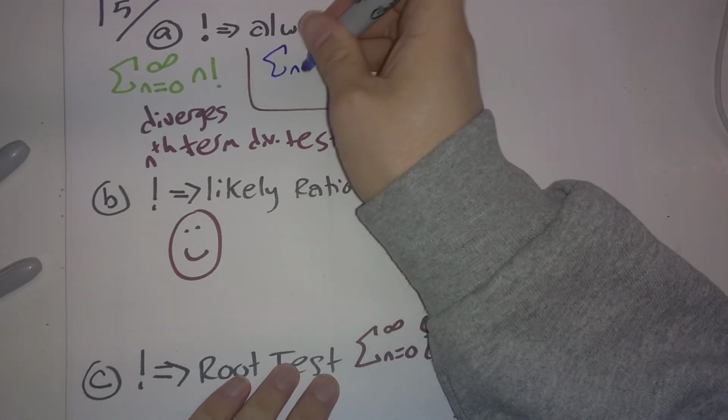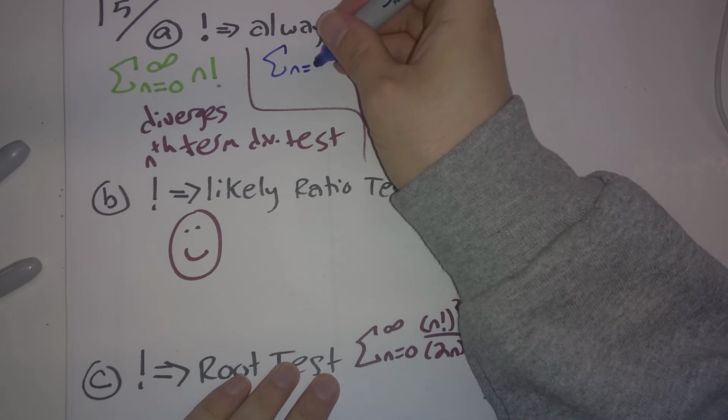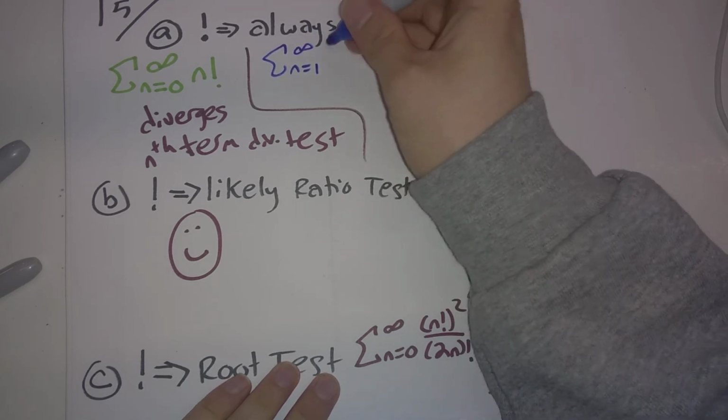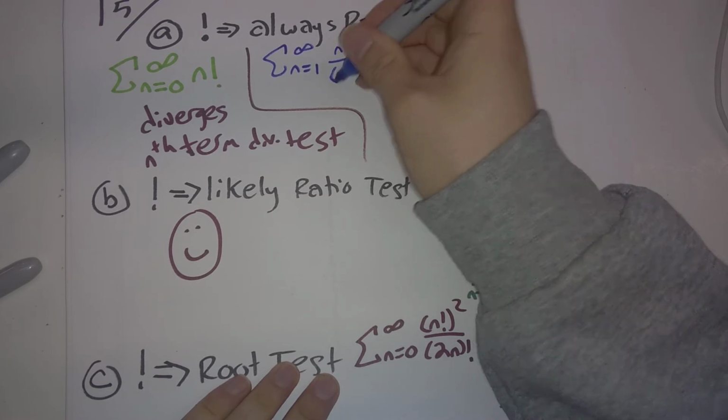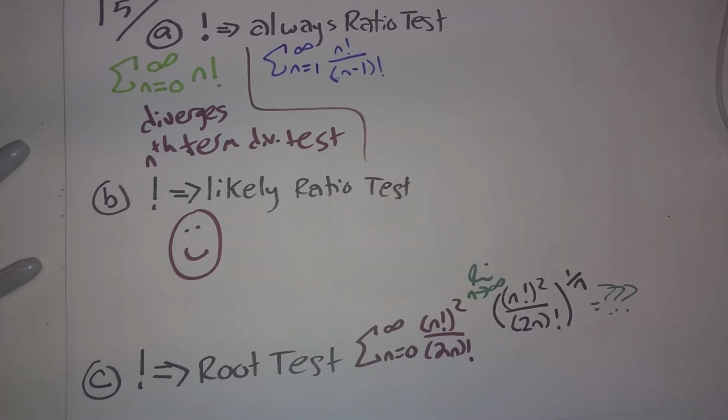An example of that, the sum from n equals 1 to infinity of n factorial divided by n plus 1 factorial. Oh, sorry, that's supposed to be n plus 1 factorial.